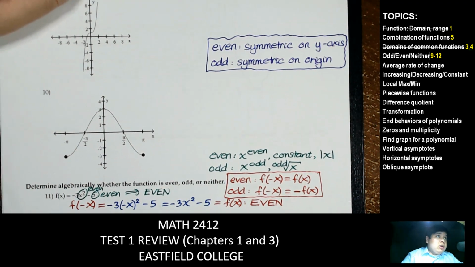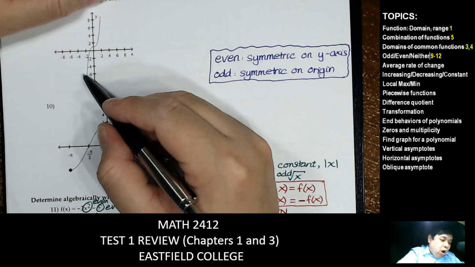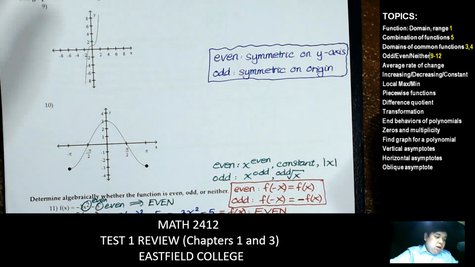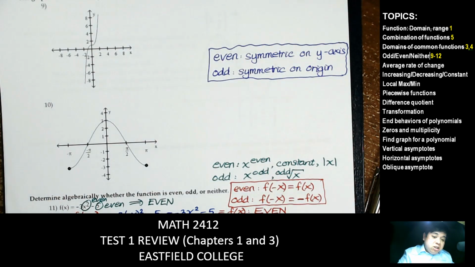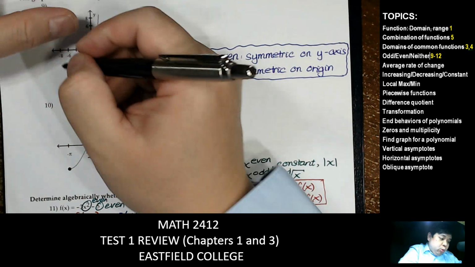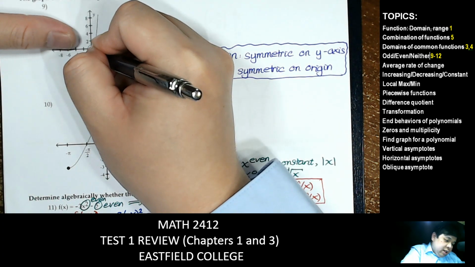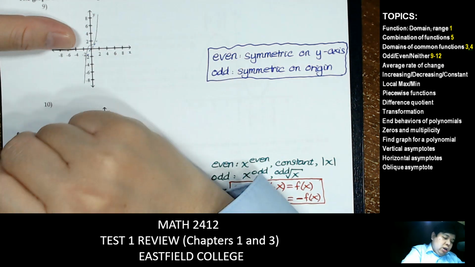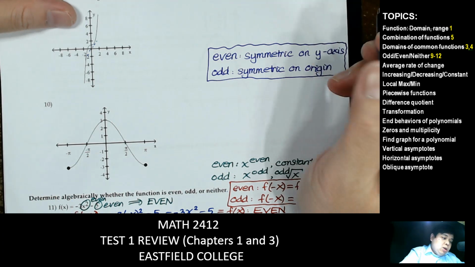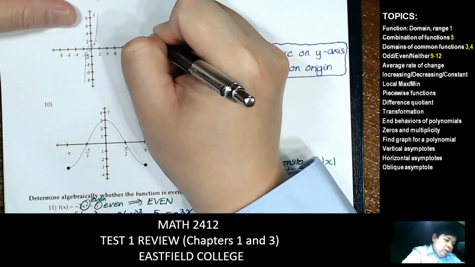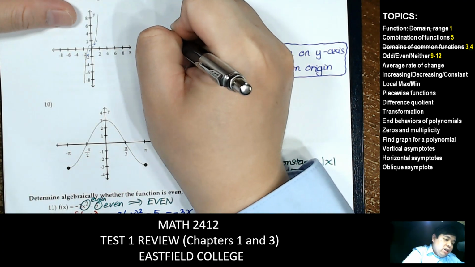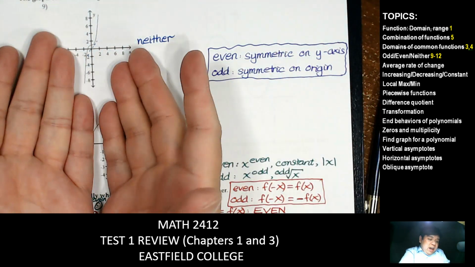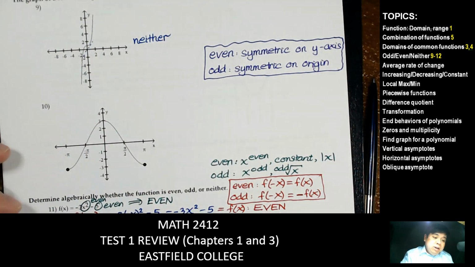Right, now we look at this graph. This one obviously is not symmetric with respect to the y-axis, because if we fold this in half, they are not the same. Next, if we take a point here and we go across from it, it doesn't look like there is a point in here. So this one has no symmetry. So this one is neither. It has to be perfectly symmetric. This one, if we fold this in half on the y-axis, they will be the same.